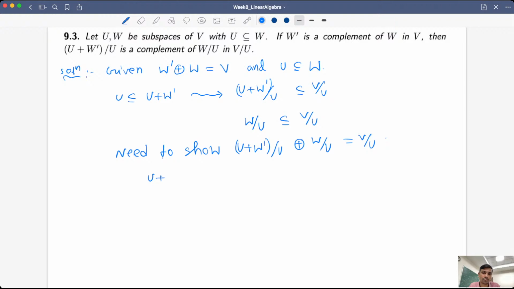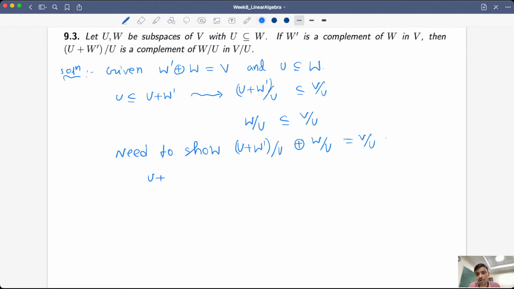If it is not contained in w prime, then I can't define the quotient space, right? So for that reason I took u plus w prime mod u, but when we pass to the quotient, it is nothing but w prime mod u, right?